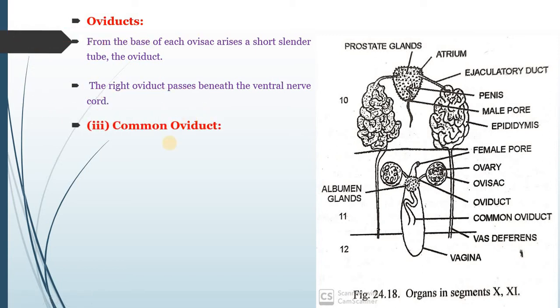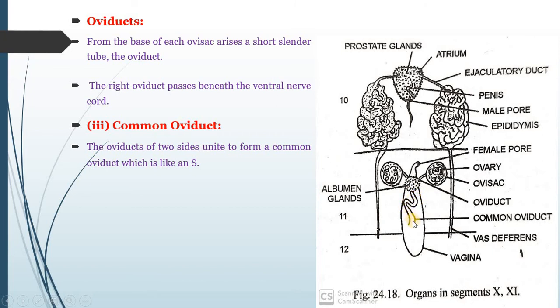Next is the common oviduct. The oviducts of two sides unite to form a common oviduct which is S-shaped. From the picture, ovary, ovisac, and these are the slender tubes, oviducts, which open into a common oviduct which is S-shaped.